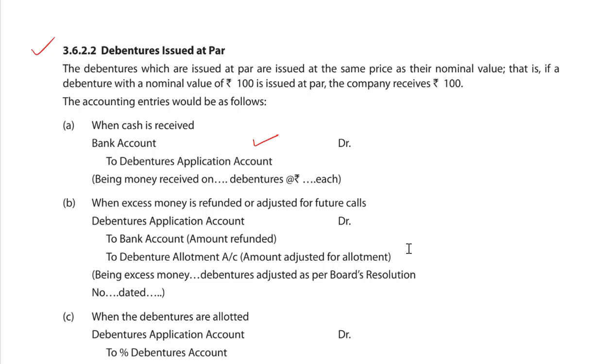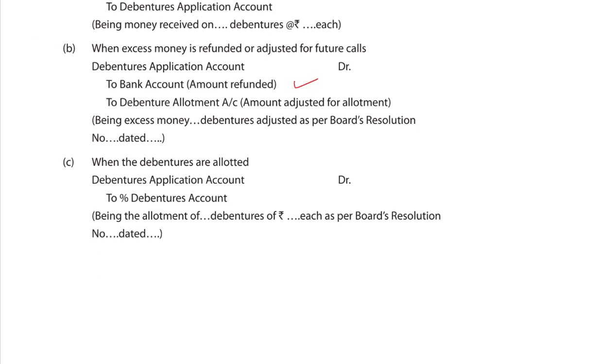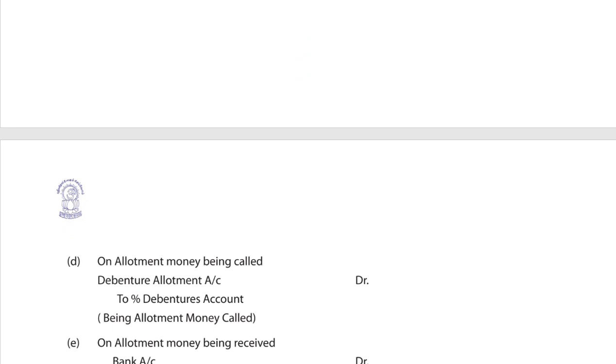When cash is received, bank account debit to debenture application account. When excess money is refunded or adjusted for the future calls, debenture application account to bank account, to debenture allotment account. When the debenture is allotted, debenture application account to debenture account.